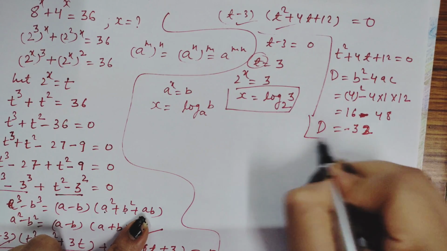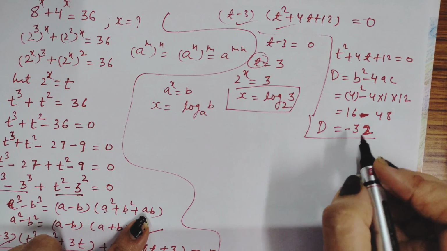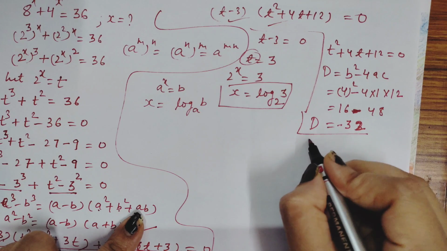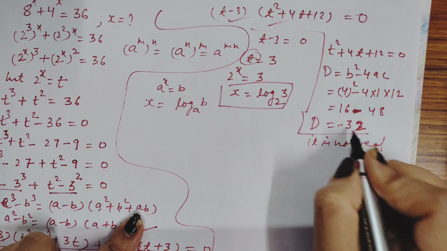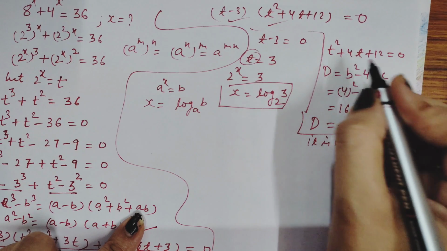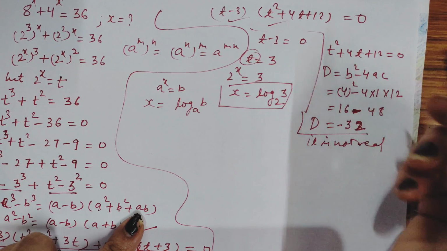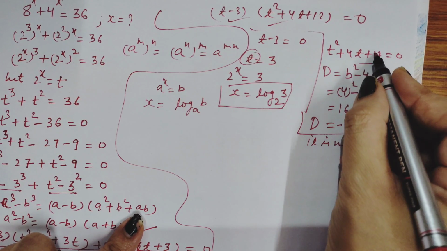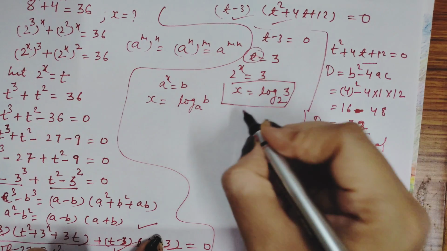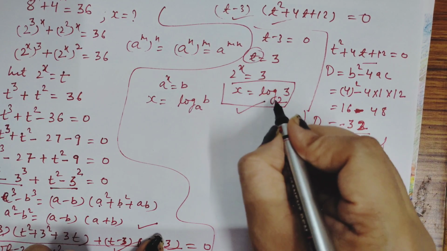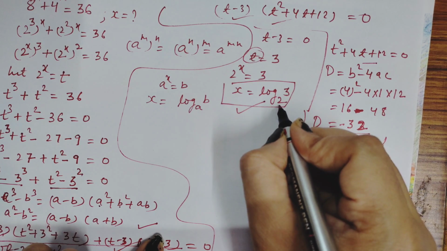So the discriminant is negative. If the discriminant value is negative, its roots are not real. So here the t value is not possible, and since t is 2 power x, the x value is not possible. So we have only one solution, x equals log 3 in base 2.